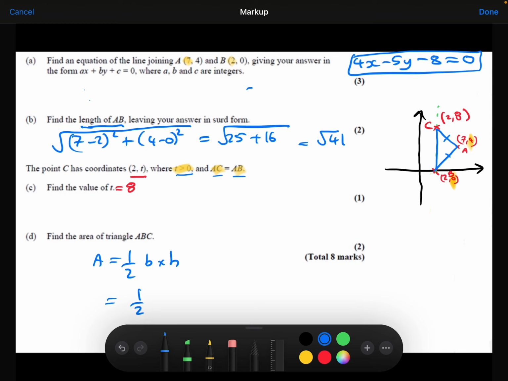The base in this case is going to be this length, which I know is going to be 8 because it is just the y-coordinate of point C. And the height, remember that's the perpendicular height, will be this length, which I know is 5. The reason I know that's 5 is because the x-coordinate here is 7 and the x-coordinate here is 2. So the difference between those is 5. So therefore the area of the triangle is 20.